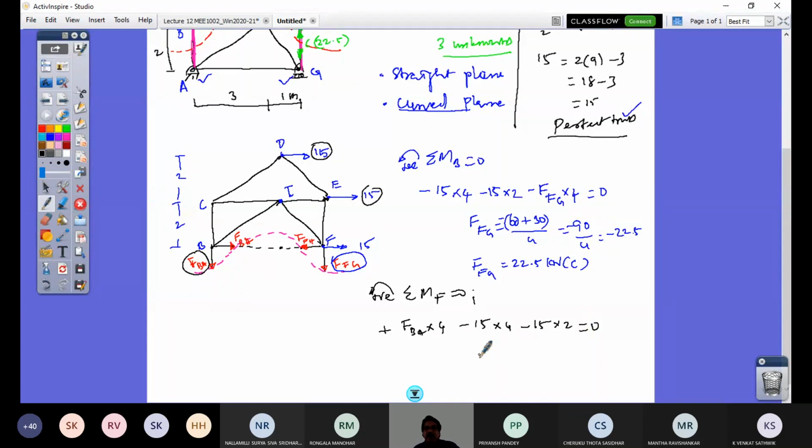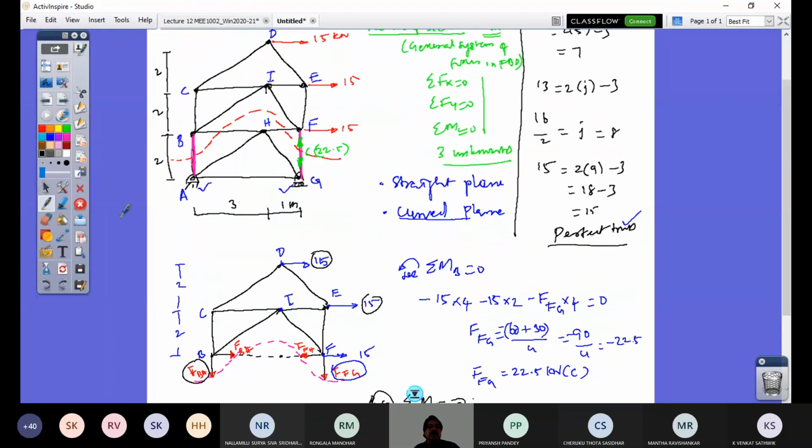So what is that I will have now? FBA is going to be 90 by 4, which is 22.5 positive value, so it is under tension. So this member is under tension.